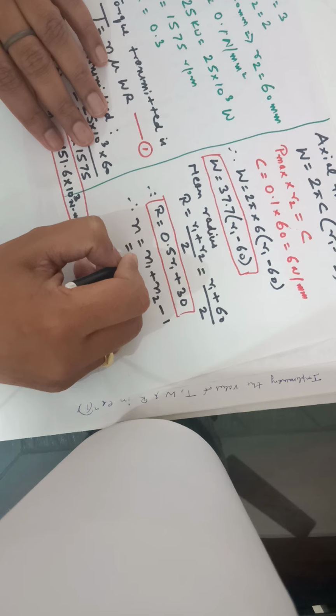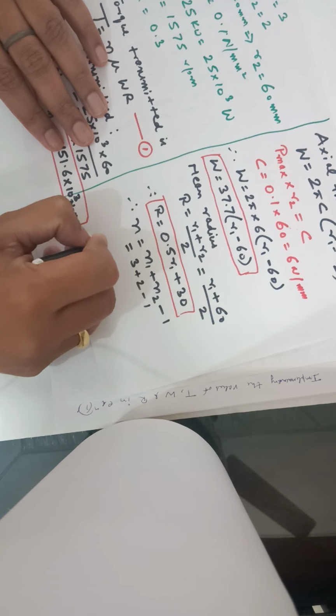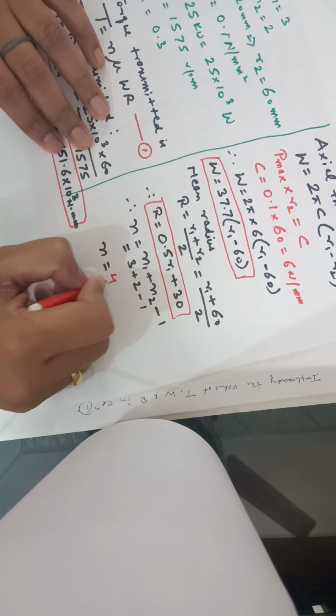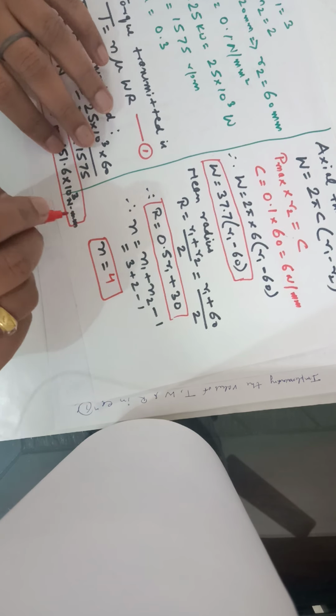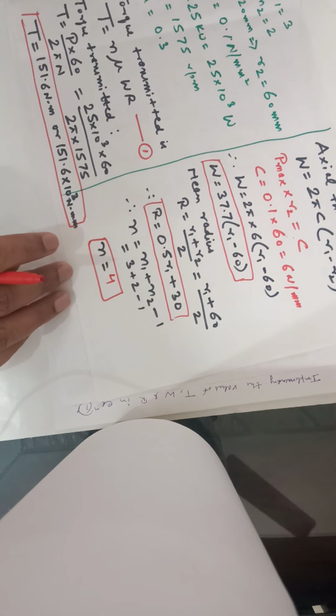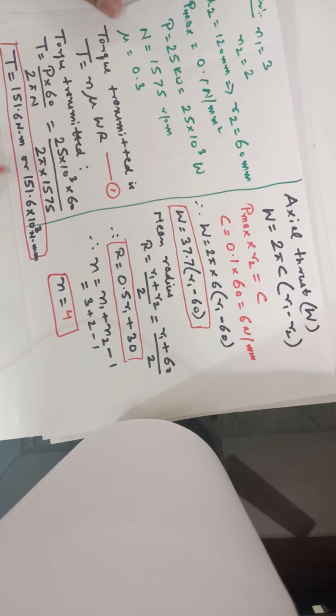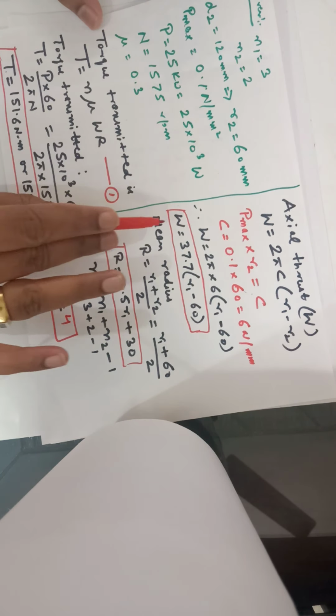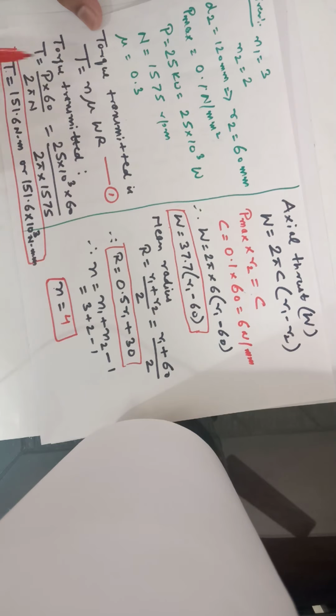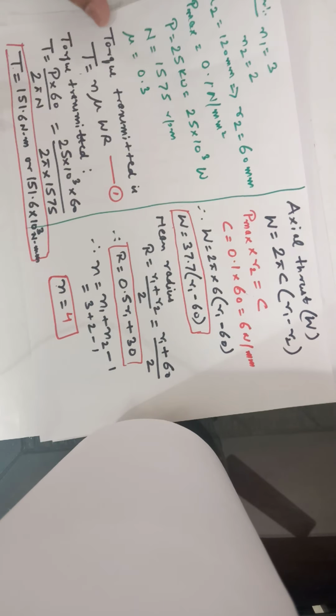If we implement the values, 3 plus 2 minus 1, n will be equal to 4. Now if we implement all these values of T, W, R and n in equation 1, what will we get?